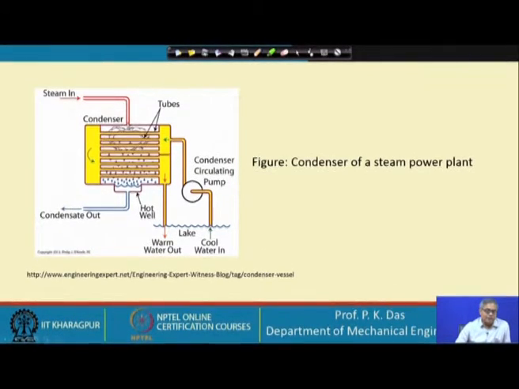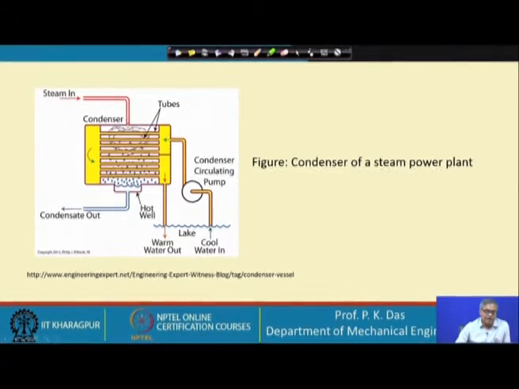And vapor is coming from the top, and on the tube there is condensation, and then the condensate is getting collected in a well which is called hot well, and from there condensate is being taken out.